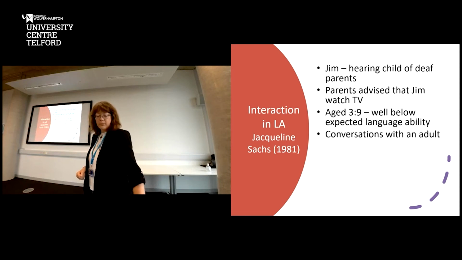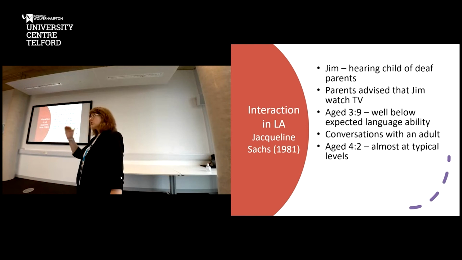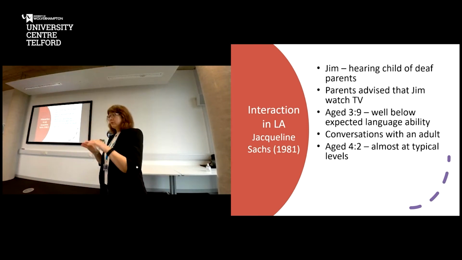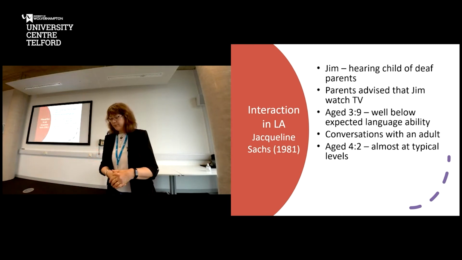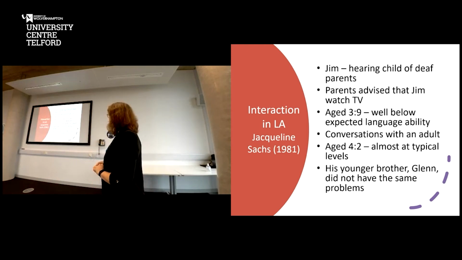And by 4 years, 2 months, so almost 6 months later, he was almost at the typical level, what you would expect for a child of that age. A couple of years later, his younger brother comes along, Glenn. Glenn didn't have the same problems that Jim did, because he had Jim to talk to. He had Jim to interact with and to learn from.